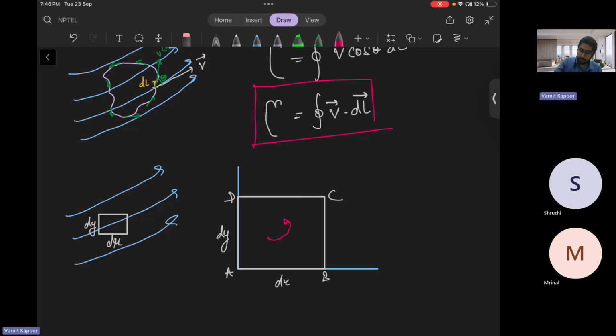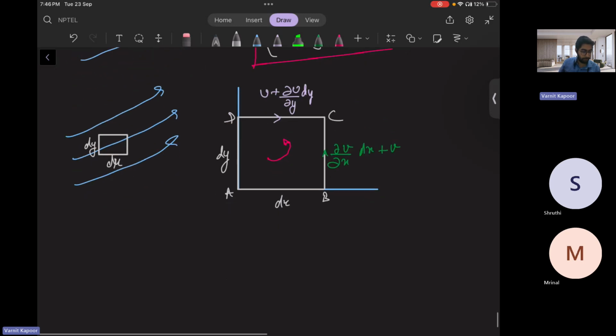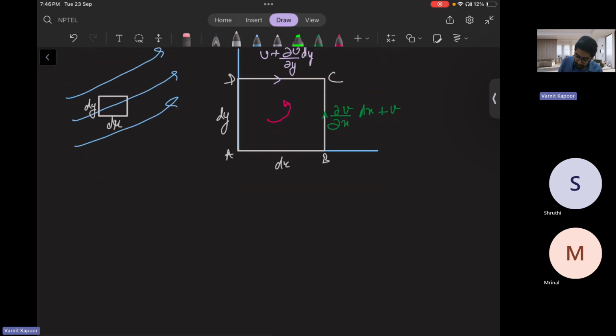So I say the velocity u changes by dou u by dou y dy, as I drew in the previous topic, and velocity v changes by dou v by dou x dx plus v. So my whole circulation along this loop ABCD is circulation along AB plus circulation along BC plus circulation along CD plus circulation along DA.